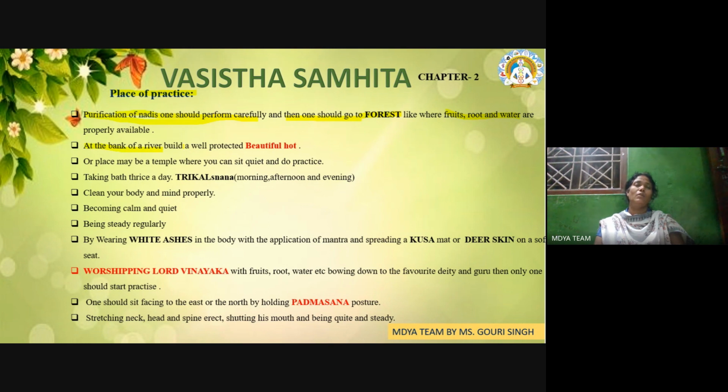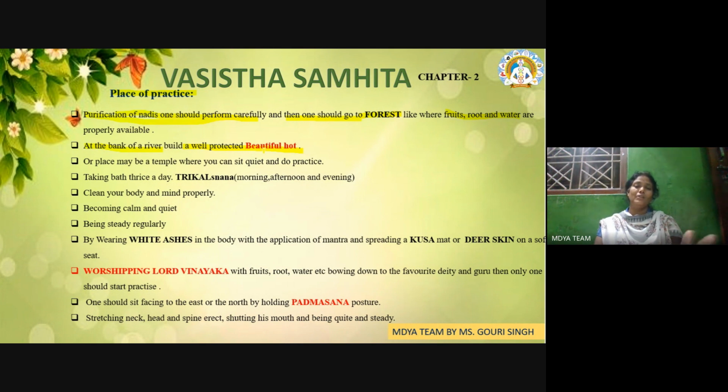There you have to build a well-protected, beautiful hut. How it will be protected, how it will be beautiful, in which way it will be built is not mentioned. In the Hatha Yoga Pradipika, it is clearly mentioned which type of hut you need to build: there should be a boundary and one well.